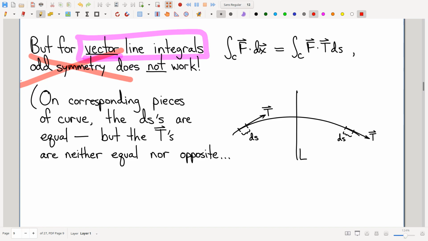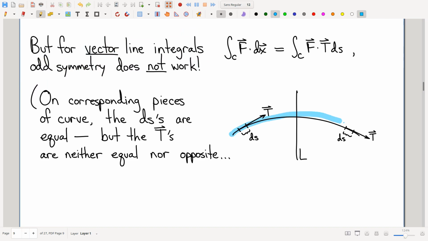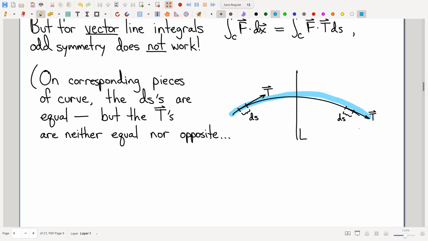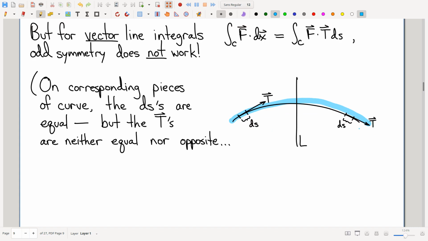Now, why does it not work? Well, I can just give you a rough picture. Here is a domain that, forgive my imperfect drawing skills, is symmetric. It's symmetric over this line right here. And we can talk about how this little piece and this little piece have the same size, ds, and that's all encouraging.